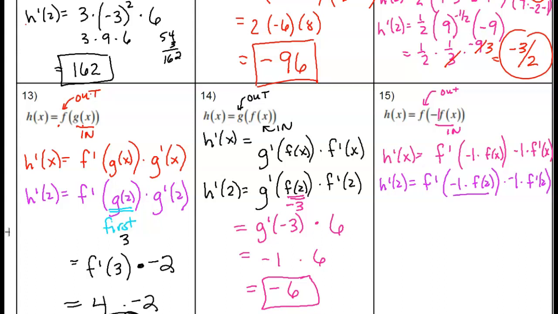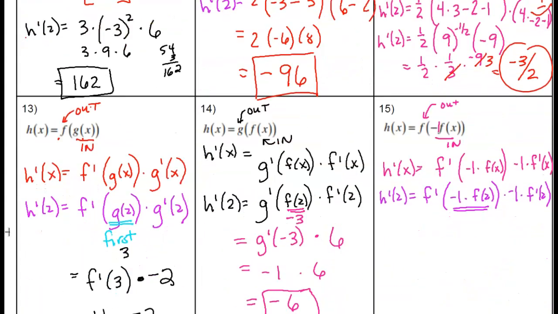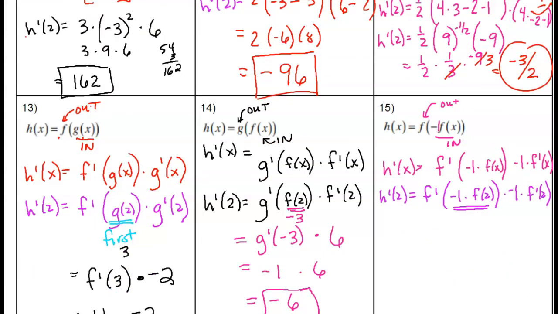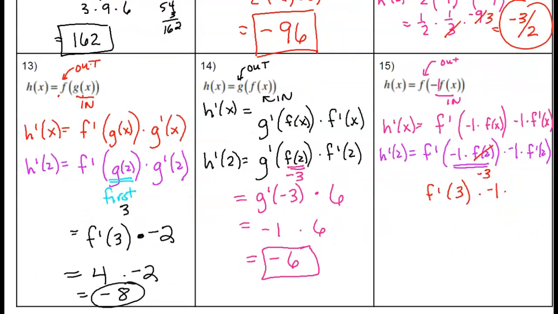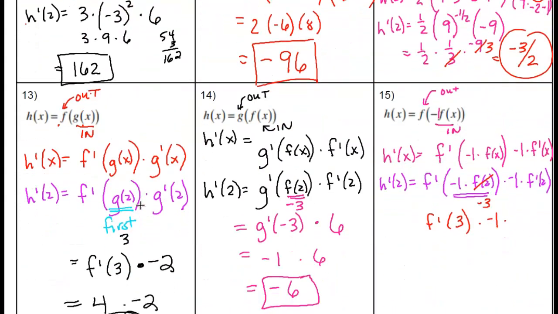So we need to do this first. So f of 2 is negative 3. Oops. So negative 1 times negative 3 is positive 3. Negative 1 times f prime of 2 is 6.